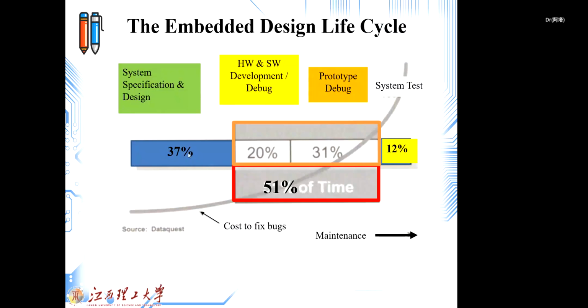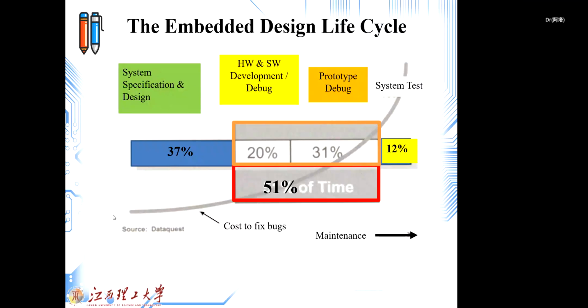We have a graph like this, in which the system specification and design is 37% of the work. We have 51% of the work for the hardware and software development and debug and prototype design, and we just have 20% of systems, which is 12%. By this life cycle, you will see that up to here we should spend lots of money until the test, and then from this part we have the maintenance.